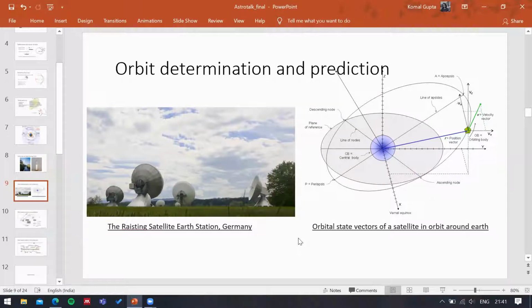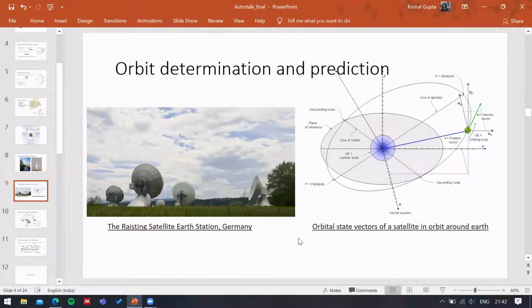Now, since we have the equipment and the theoretical knowledge to do so, we can use several different algorithms to determine the orbit of a satellite with precision. For example, only two observations of a satellite are required, and by two observations I mean that with every observation we can find the position vector and the velocity vector with only two observations.